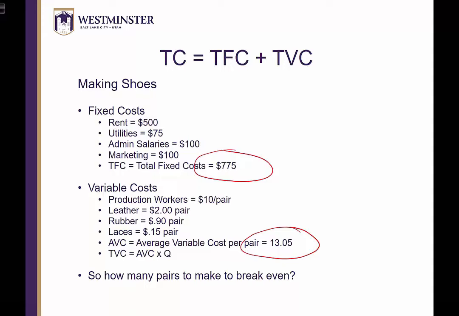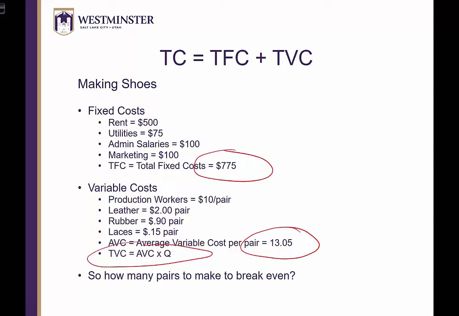And so total variable cost is going to be this average variable cost times the quantity of shoes. If we simply knew the total variable cost, because as we're accounting for our environment, we total everything up and come up to a number, and we don't know what the average is yet, we can find the average variable cost by taking that total variable cost and dividing it by the quantity of shoes. And so you see a total variable cost equation I've given you here.